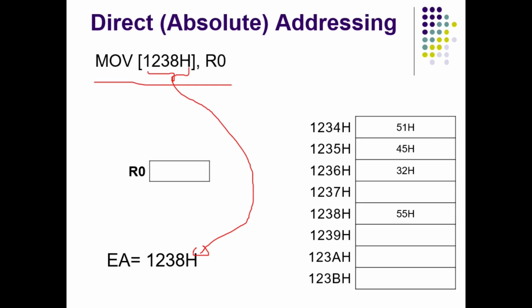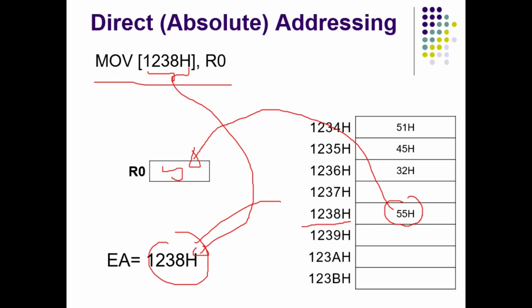So the processor passes this address to the memory, and memory goes and fetches the data present at that particular 1238H address and transfers the data present at that address to register R0. That is nothing but 55H will be transferred to R0.